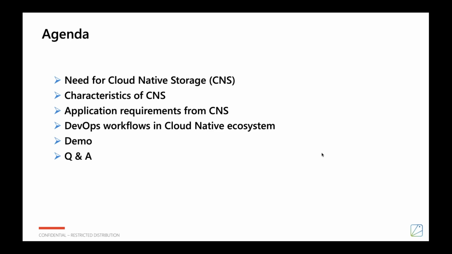What do applications really need from the storage stack? And then we will go over the DevOps workflows which you can do when you have this storage stack. Then we will have a small demo, and then question and answers at the end.